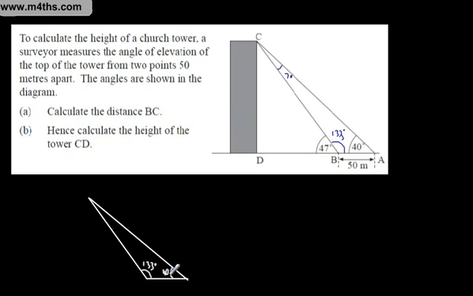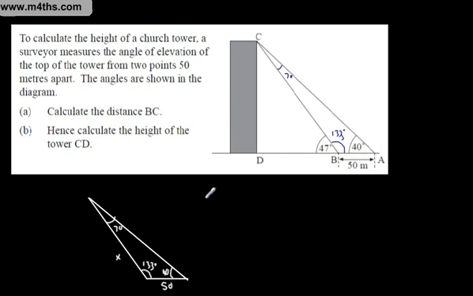Now, we're told this one here is 50, and we want that one just there. So, by working out that this as well is 7 degrees, we can do that. What we can say is x over sine 40 is the same as 50 over sine 7.